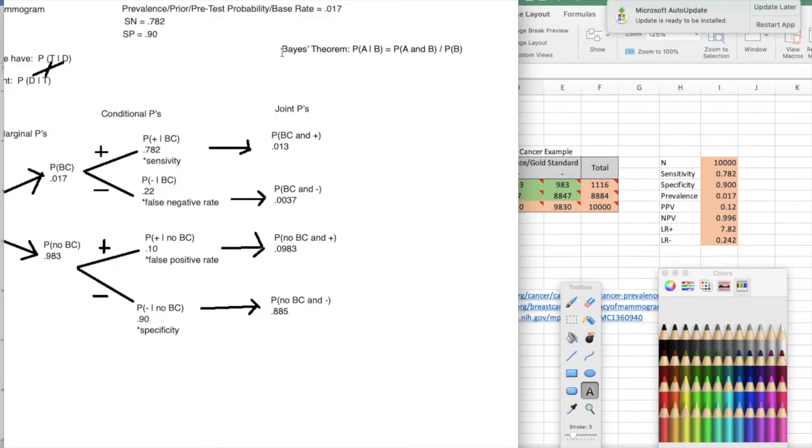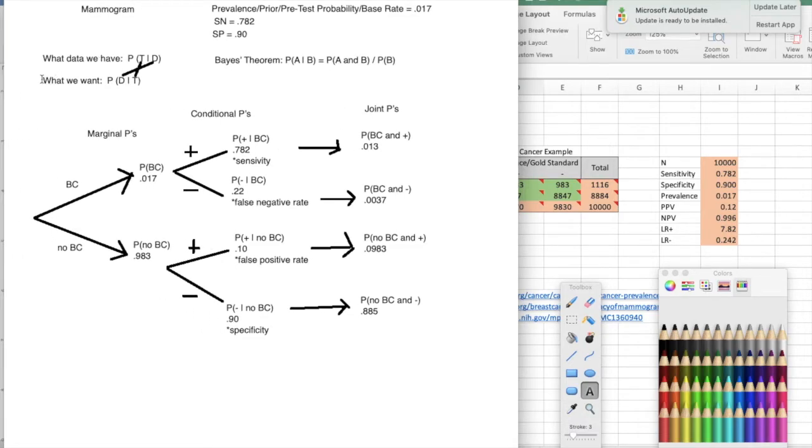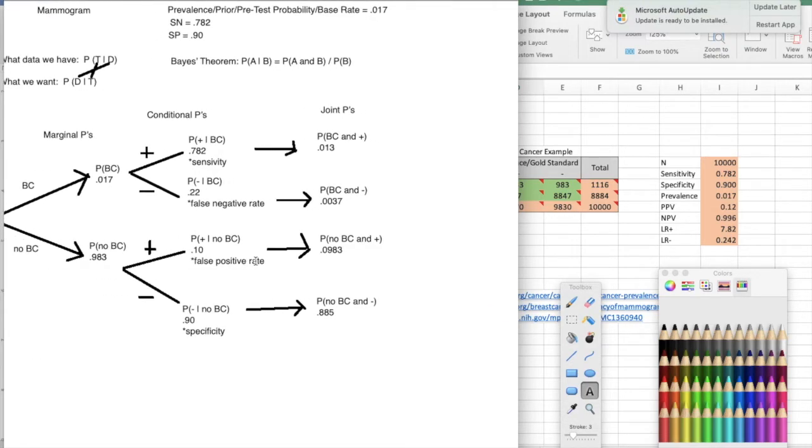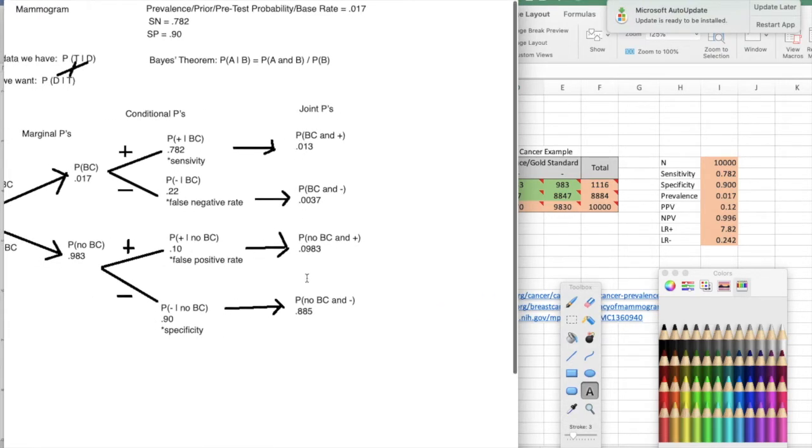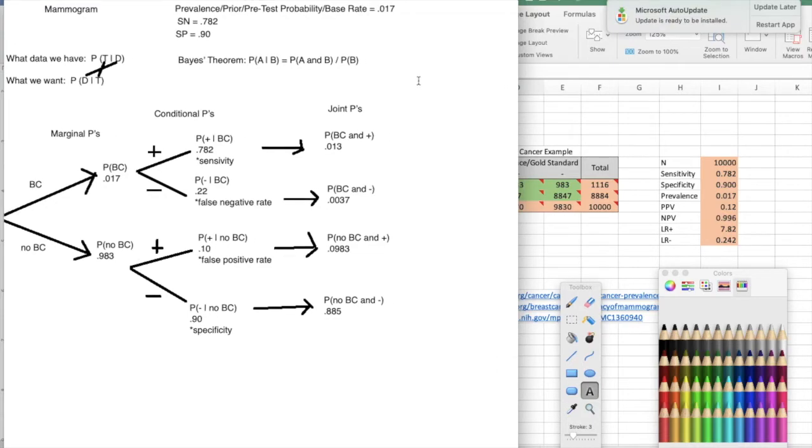So we'll just put this here. So we're going to use Bayes' theorem to get what we want, which is the probability of a condition. And we can do that because we have all of the numbers now.